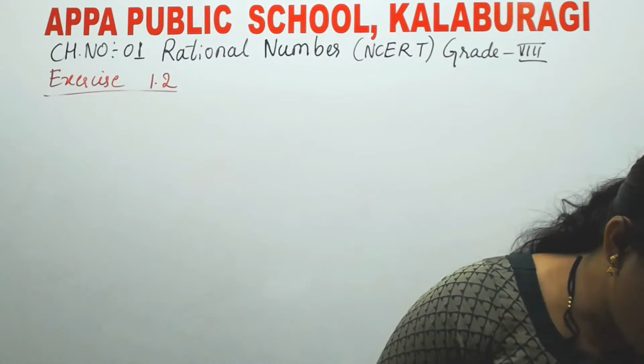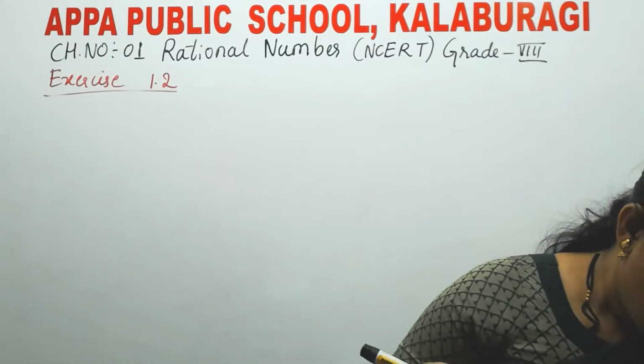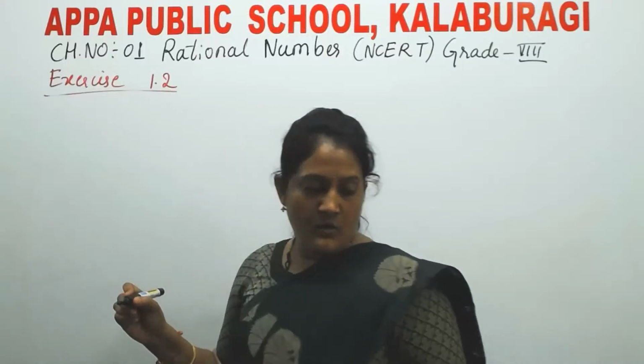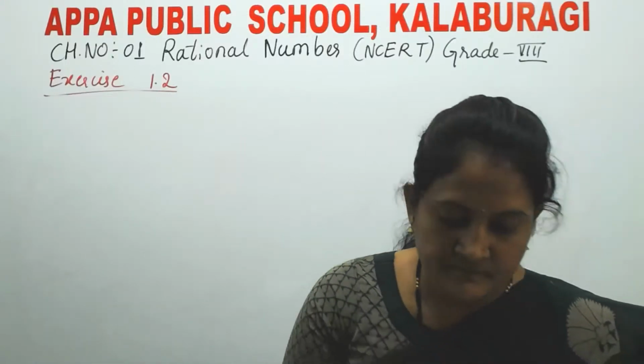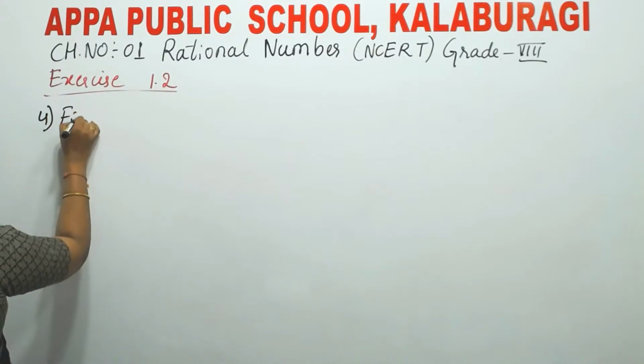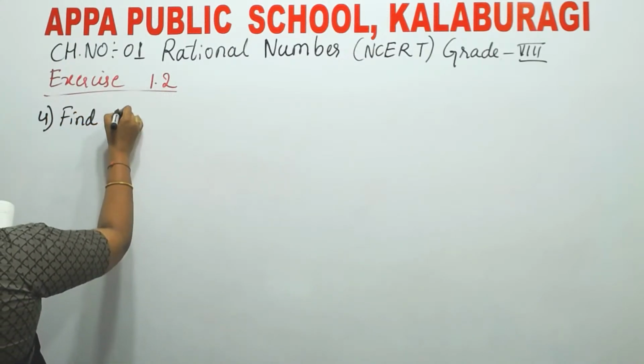Yes. Question number 4. Find the rational numbers between -2 by 5 and 1 by 5. Already we have learned this one, right? 2 methods I will teach you.